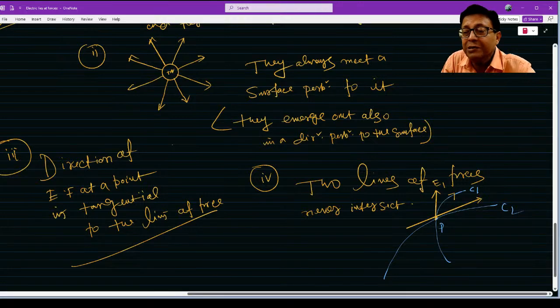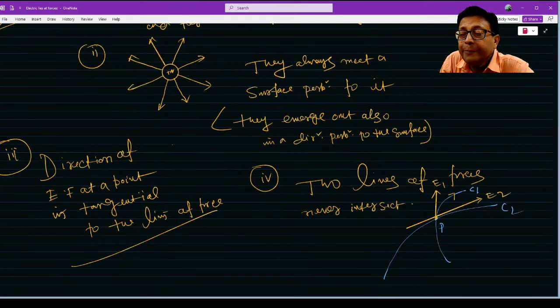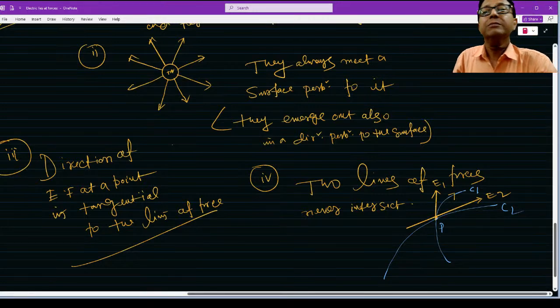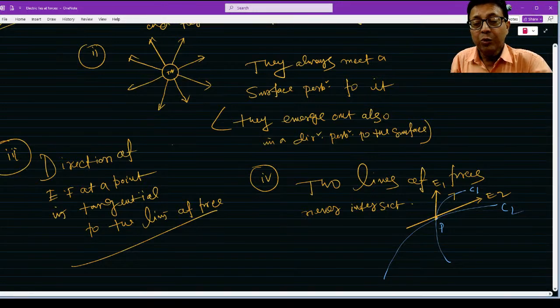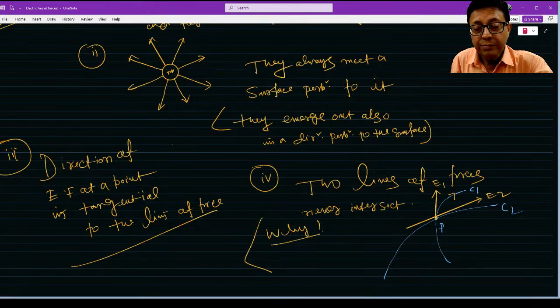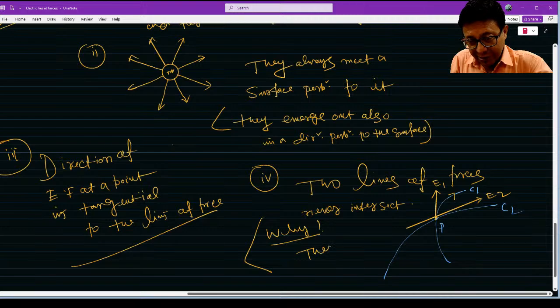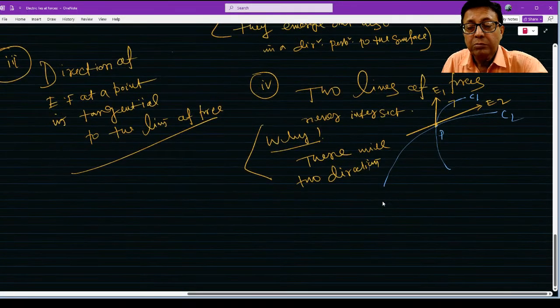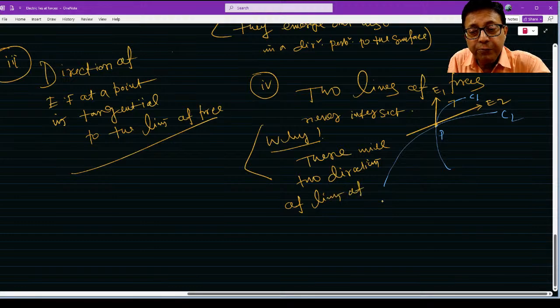Tangential to the surface C2. So at the point P, the electric field has two directions. Not possible. Why? The answer is, there will be two directions of lines of forces.